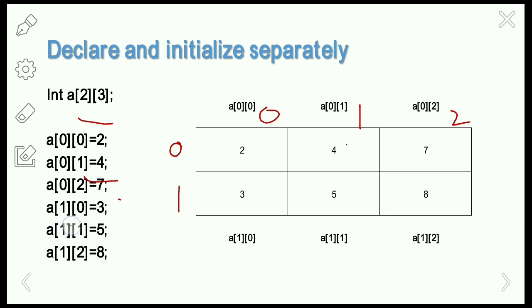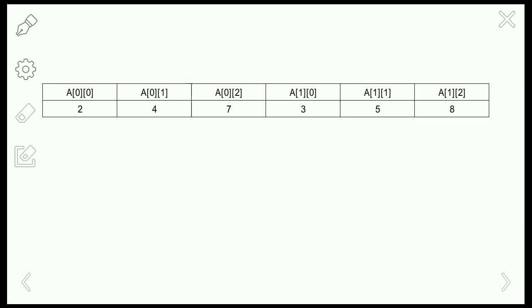Similarly 1 0 is assigned 3, 1 1 is assigned 5, and 1 2 is assigned 8. Here each and every value is initialized separately for a particular subscript in the array. Like this, in the given format the values are assigned.